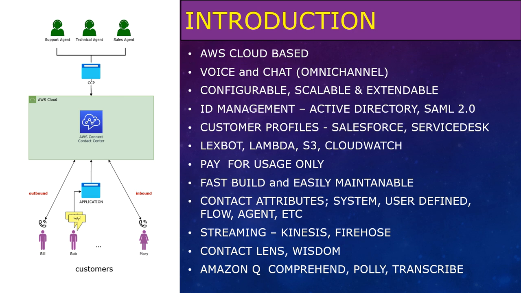And Comprehend can use existing large language models and custom models to deliver what you need. And all these products have SDKs associated with them, so building custom applications with them is really powerful as well.